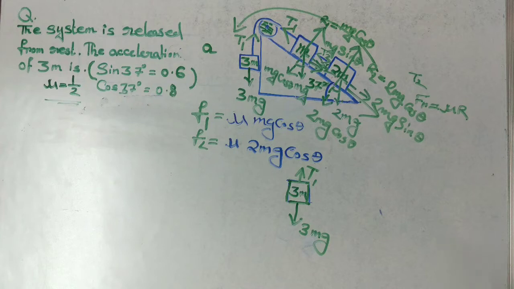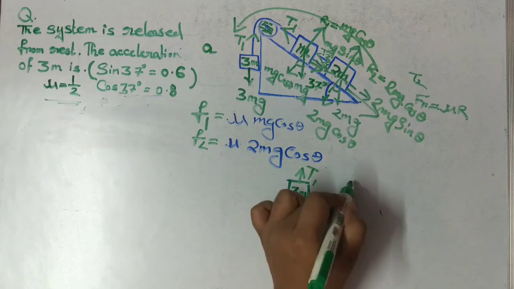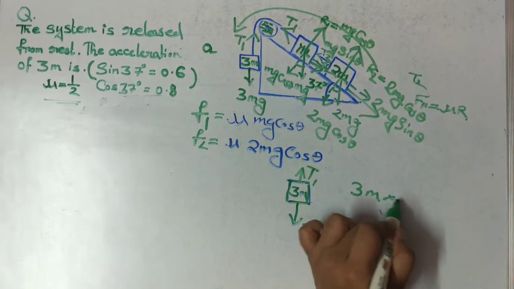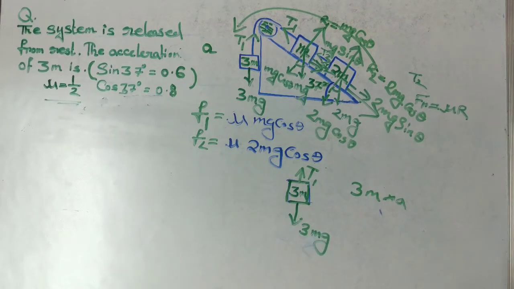The force associated with the acceleration a in the mass 3m will be 3m into a, which is F equals ma.